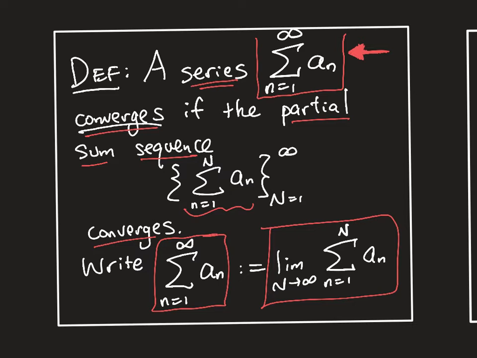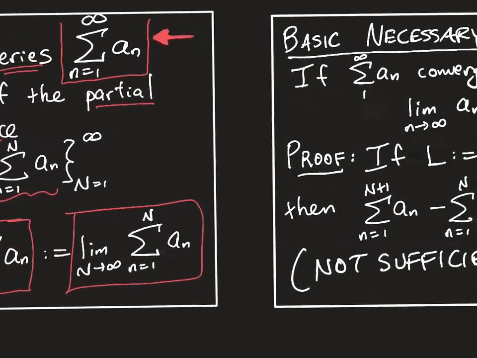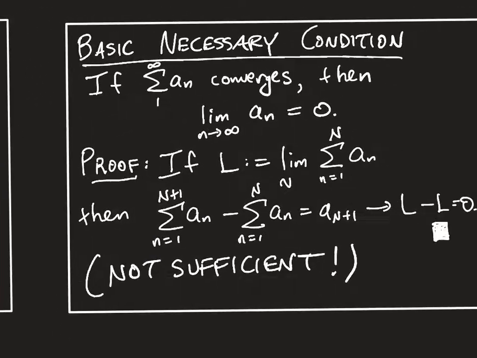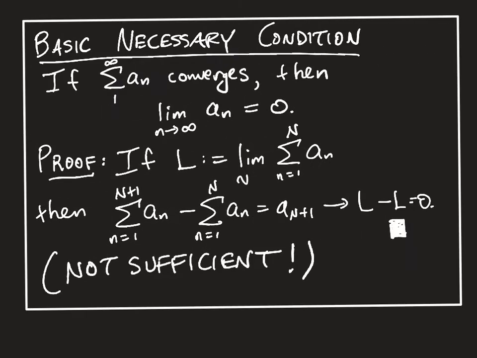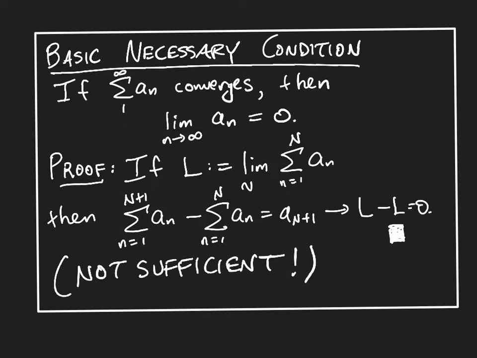If a series converges, you have to have the terms in the sequence going to 0. That's what this basic necessary condition says. And you learn this in calculus, that if a series converges, then the terms go to 0. So why is this?